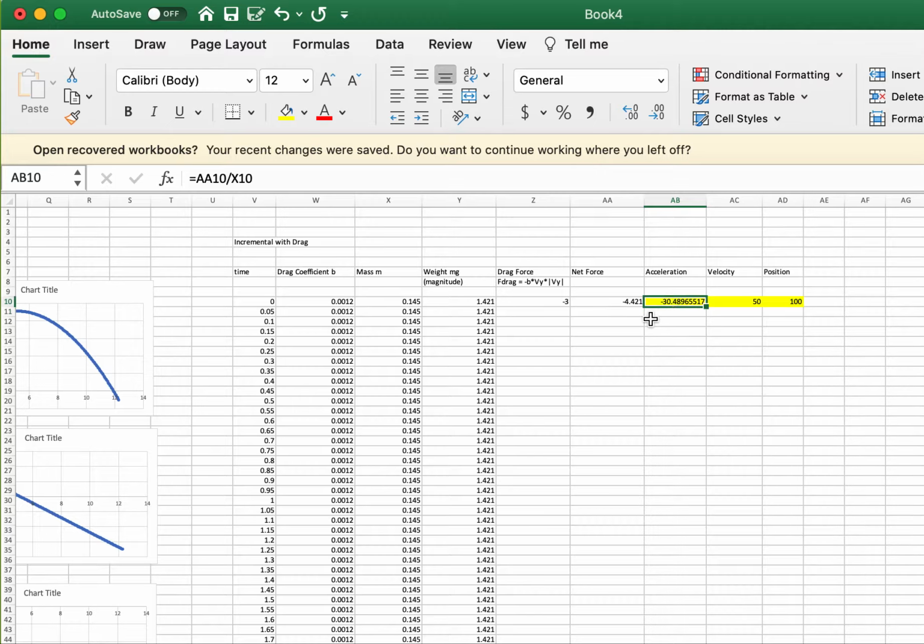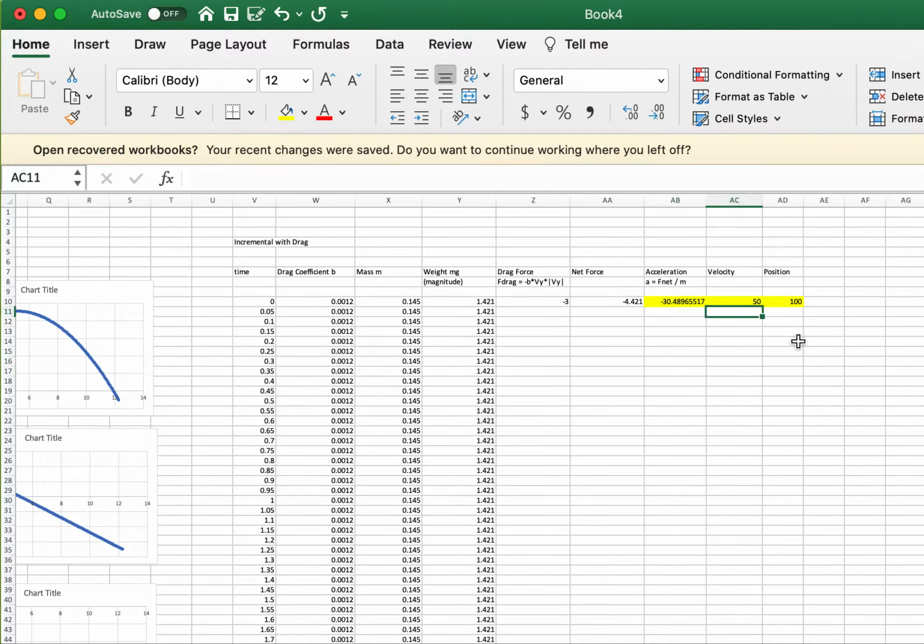So that's that. What formula did I plug in, by the way? I plugged in A equals F net over M to get that.